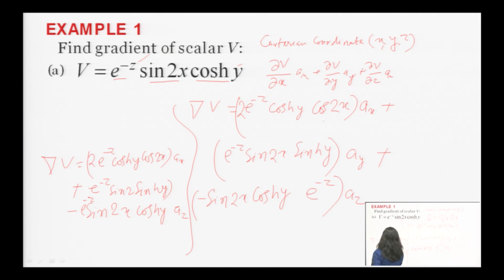This is the final answer of the gradient of scalar V, where V is given in Cartesian coordinates. Cartesian coordinates are also known as rectangular coordinates.